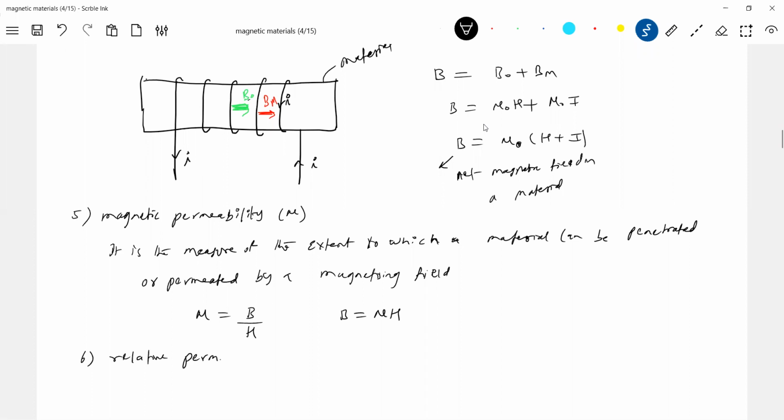It is a measure of the extent to which a material can be penetrated by a magnetic field, or a measure of the ability of a substance to get magnetized. Bm can be to the right or left. It all depends on the material. There are only two possibilities: Bm opposite to B naught, or Bm in the direction of B naught. Finish, no further discussion.